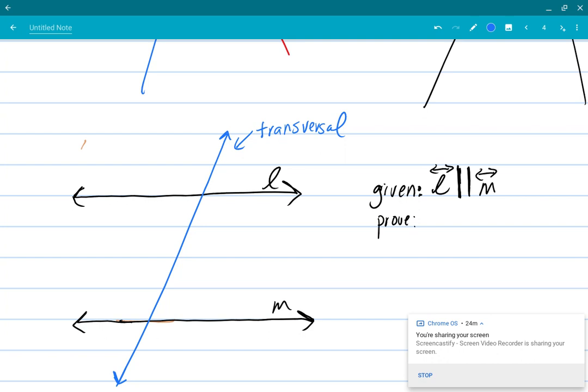All right, let me get rid of this prove. Let's call this line R, and here's S. Given, lines S and R are transversals.